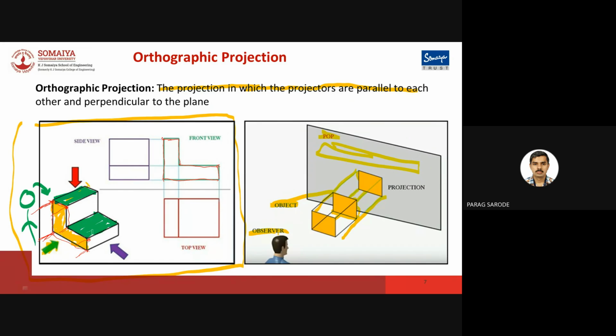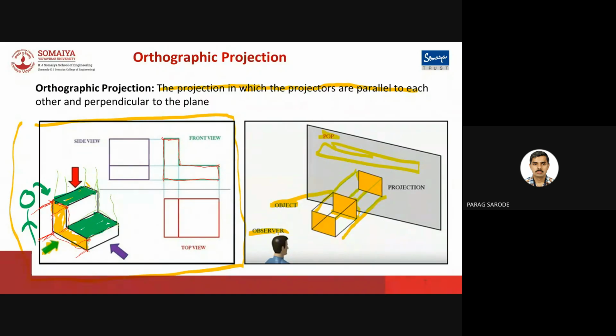In this case, the rays coming from the object, one by one, four rays are coming from this rectangular part, and obviously these two rays will overlap.